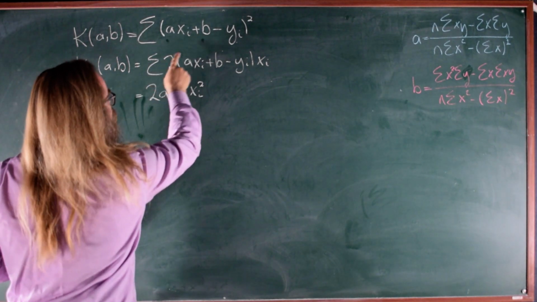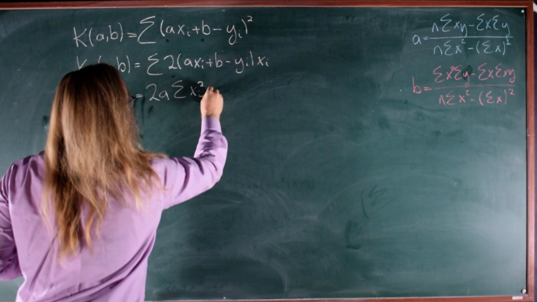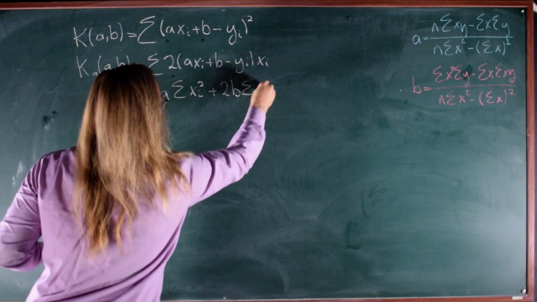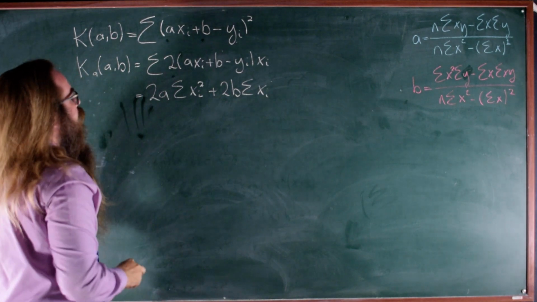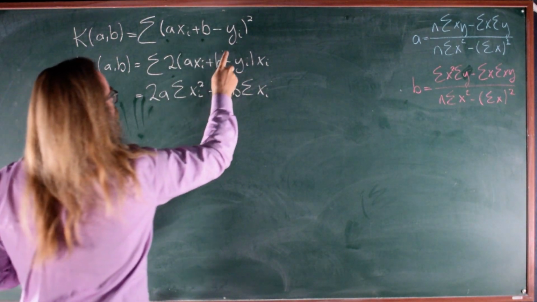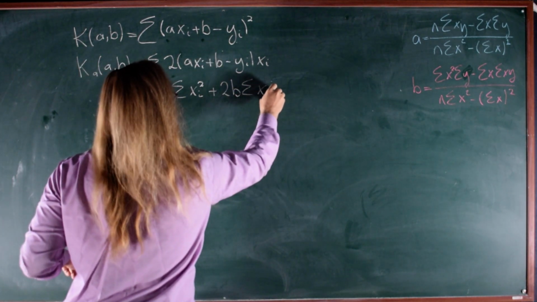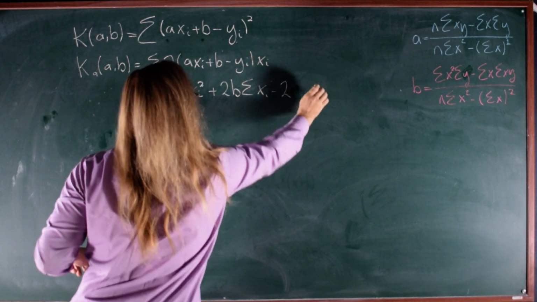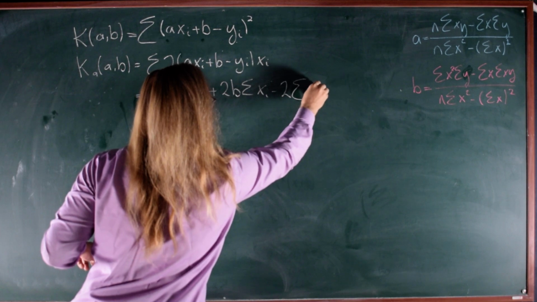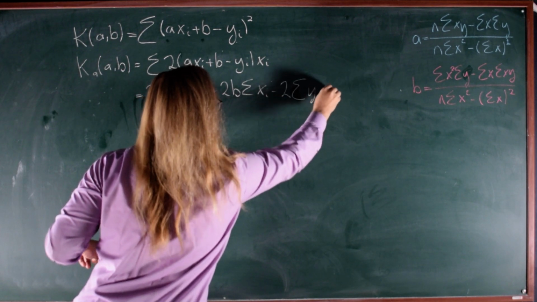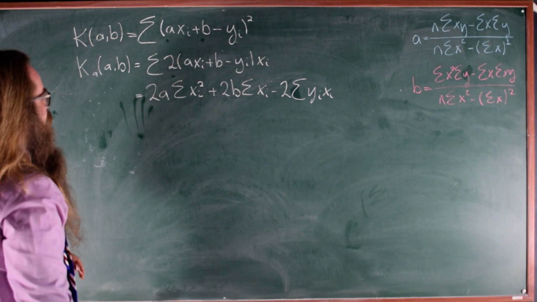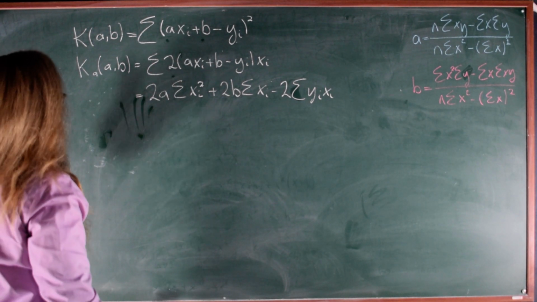And we're going to get 2 times b times the sum of x, and then we're going to get minus 2 times the sum of y_i x_i. Beautiful. Wonderful.